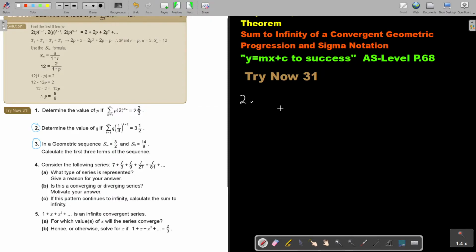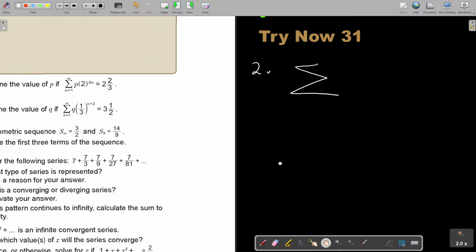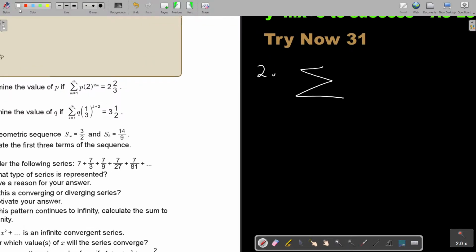Determine the value of q. Now, in this case, it's the sum from k equals 1 to infinity of q times a third to the power k plus 2, and it's equal to 3.5. So let's first get the first three terms by using this formula.